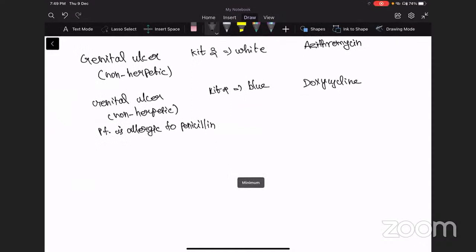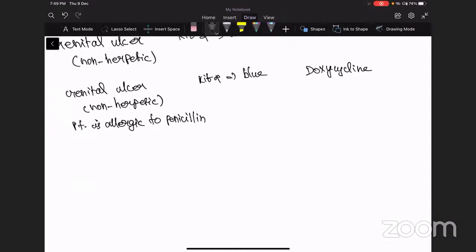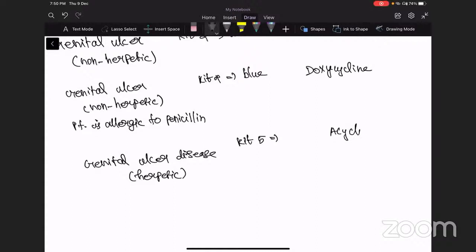What's the color of kit 5? Genital ulcer disease, which is herpetic. We are going to give kit 5, and what is the color? And the drug is going to be for herpes. So acyclovir is going to be the drug of choice.